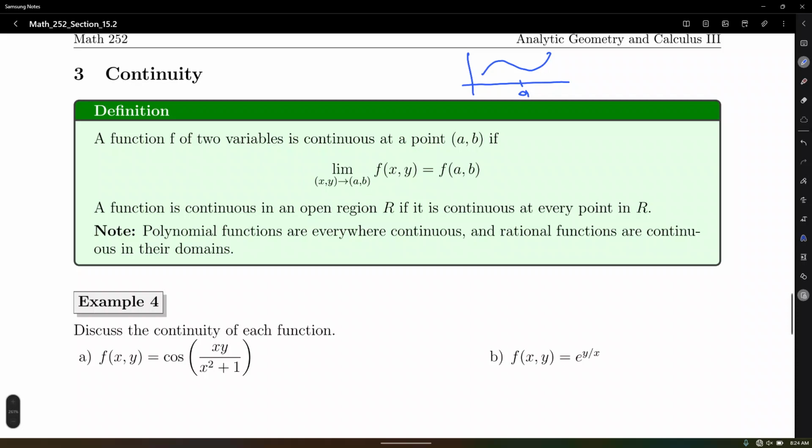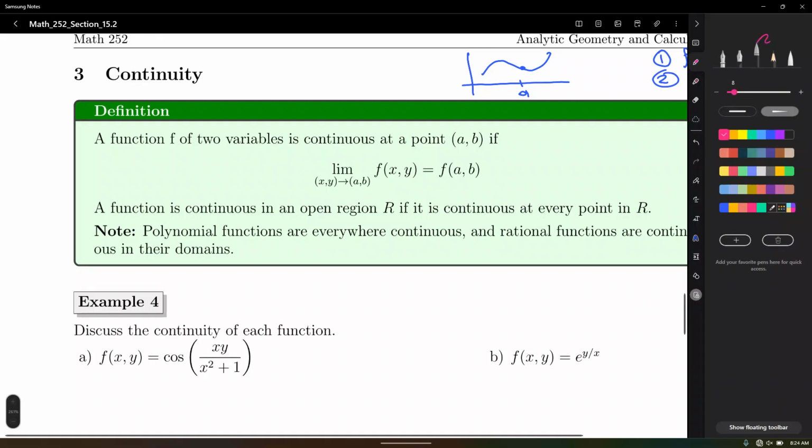So, number one, granted is that the function is defined. That is condition number one: f of a is defined. Number two, the limit exists. That is, the limit from the left and the limit from the right agree.